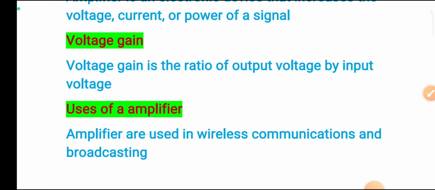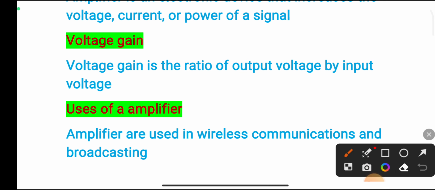Another term is current gain, which is beta. Beta is the ratio of the output current to the input current, meaning IC by IB, where IC is the collector current or output current, divided by the input current IB. So it is called current gain.